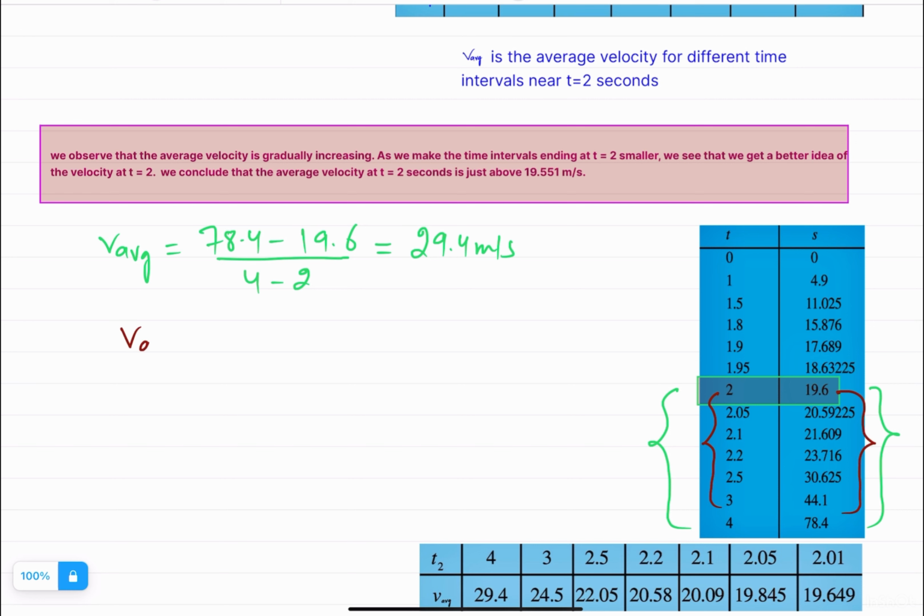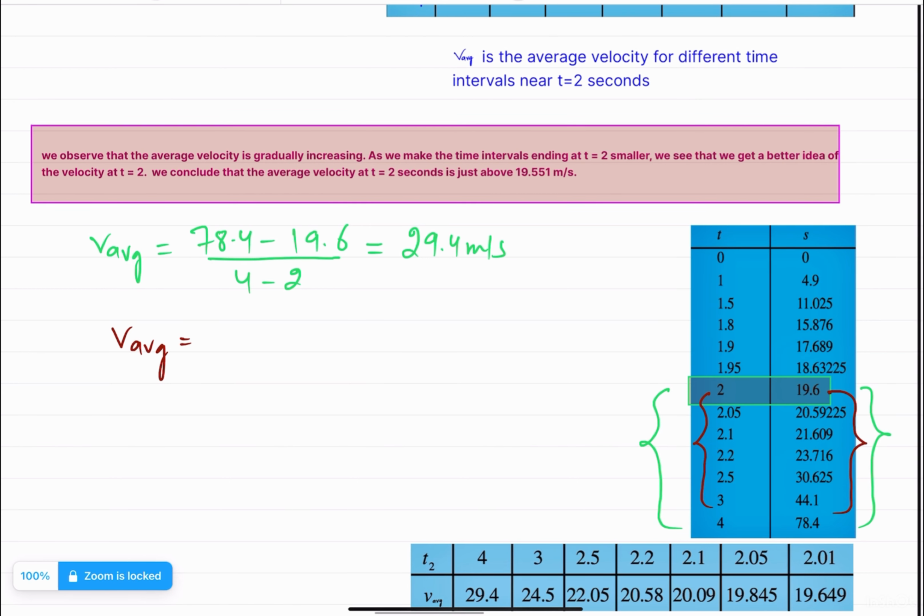Computing average velocity, it will be equal to change in distance, that is 44.1 minus 19.6, all divided by change in time or time elapsed, 3 minus 2. If I simplify it, it is 24.5 meters per second.